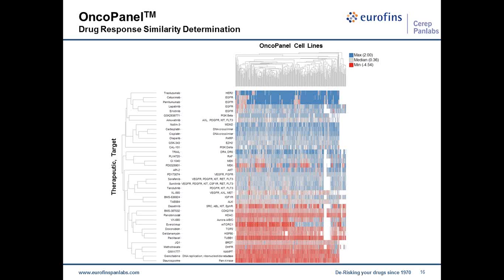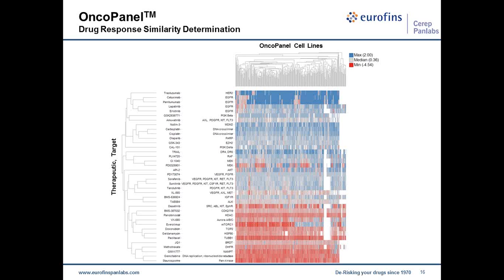Since Oncopanel began, we've always run a set of reference compounds, and we continue to do so. In fact, we will happily accept suggestions from clients or prospective clients about which therapeutics we could run as standards, as reference agents. And these data are also sold.